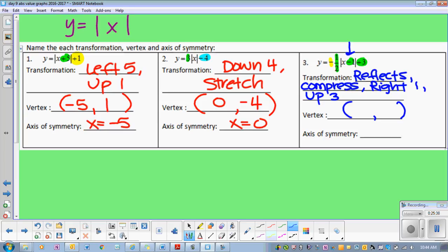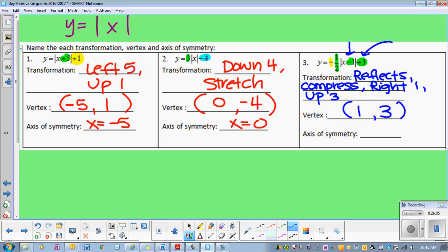The number that's with the x right now, what is it? What's the opposite of -1? Okay, that's where that came from. Thank you. Where did you get your y number from? The outside, the +3. And do we need to do the opposite? No. Okay.